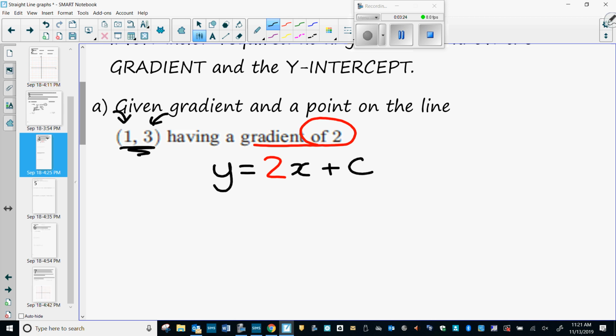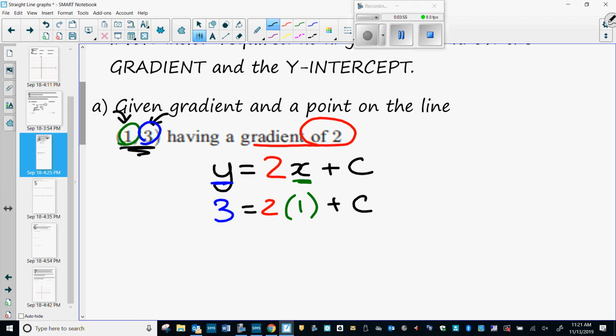So what we're going to do now is we're going to substitute those values in place of the correct letters. So we're going to put the 1 in place of the X, and we're going to put the 3 in place of the Y. So we've got 3 is equal to 2 lots of, it's a major pen change here, plus C. Now, I put it in brackets because we're substituting, remember.